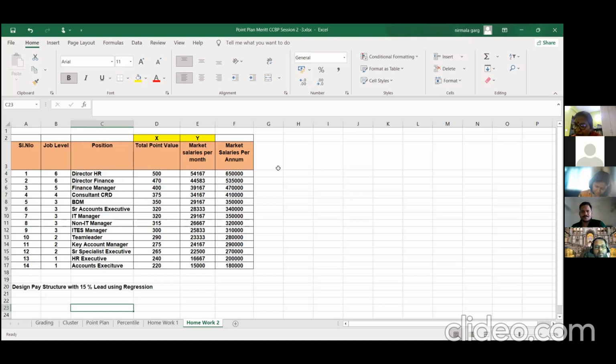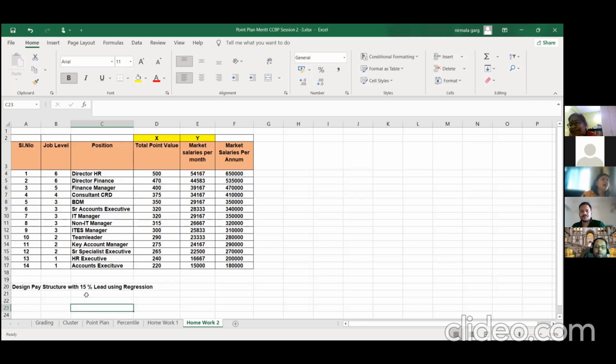Now you are saying, I want to increase that salary by 15%. Simple. So what will you do? You will increase it by 15%. So multiply the monthly midpoints by 0.15. That's it.